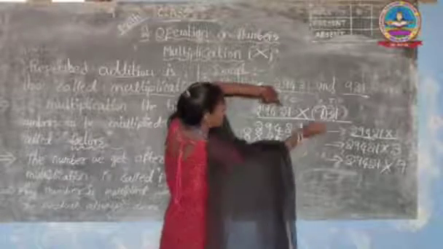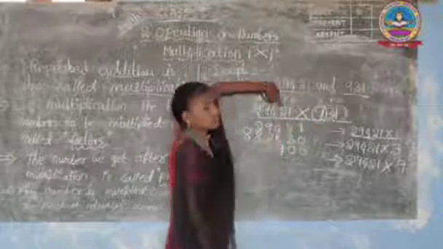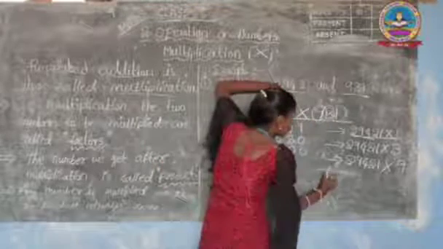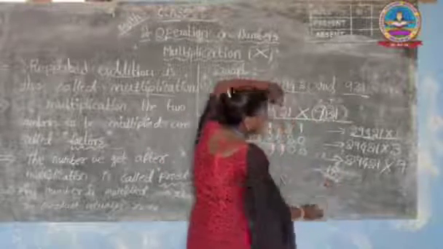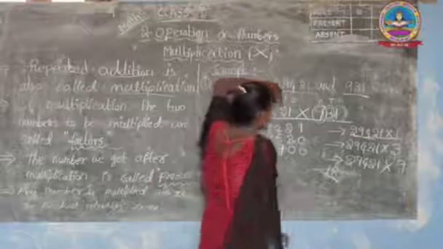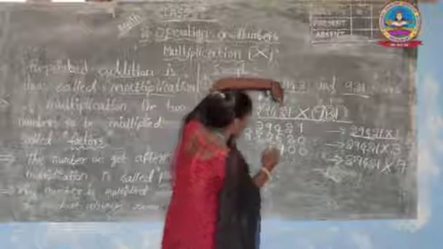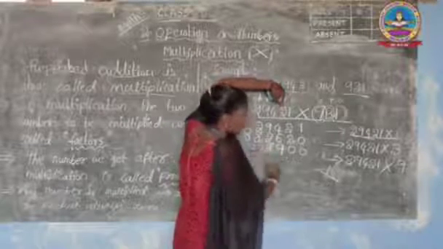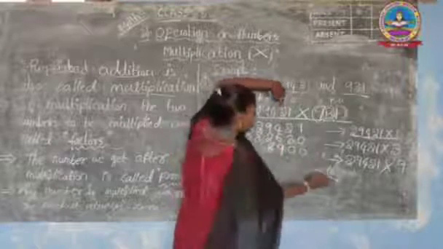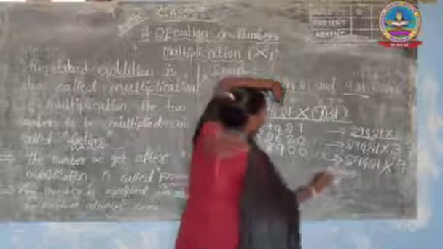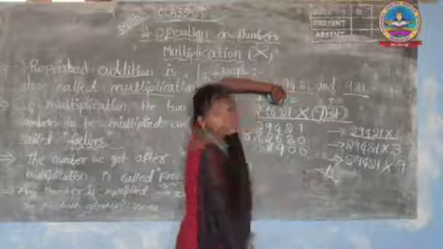Next one, 9 into 2. That means 9 twos are 18. 18 is a 2 digit number, so let's regroup this number. Write 8 below the thousands place. There are 8 thousands. 1 is left.